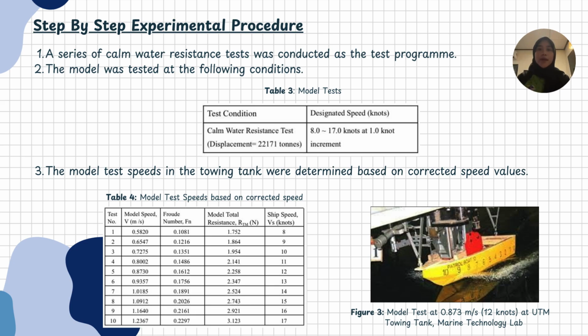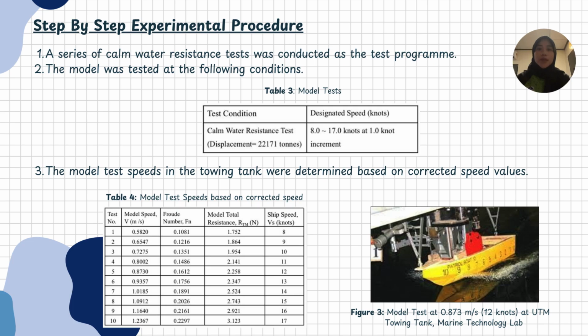Next, for the step-by-step experimental procedure, first, a series of calm water resistance tests was conducted as the test program. Second, the model was tested at the following conditions with a speed range of 8.0 to 70.0 knots at 1.0 knot increment at a displacement of 22,271 tons.